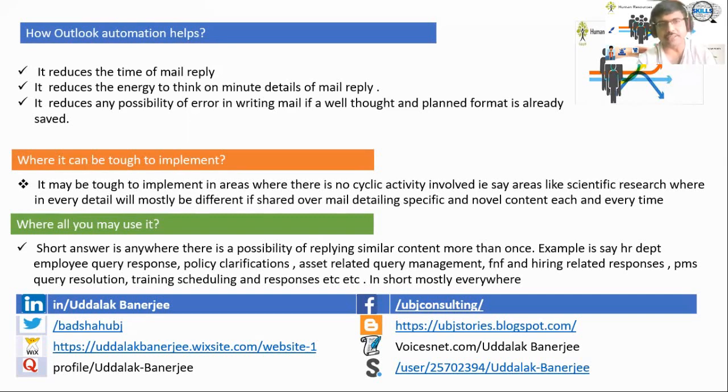But apart from this, in every other way in the corporate world, especially, whichever organization you are using, if you are using Outlook, then definitely this comes very handy. I am telling you from my personal experience.